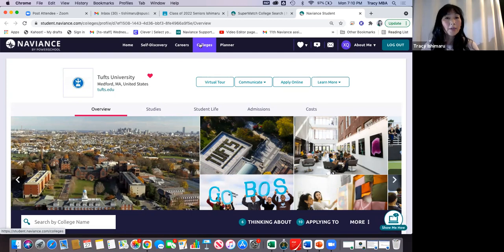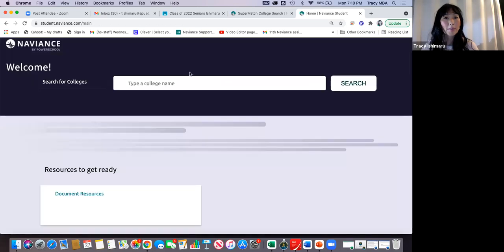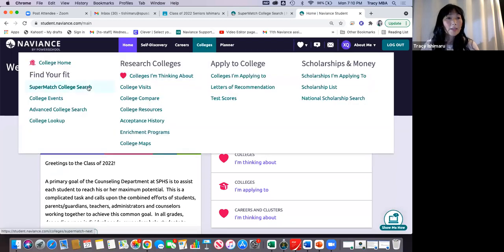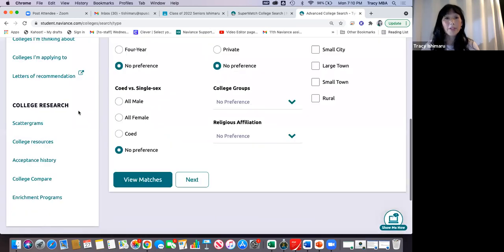Another way a student can go is to look at an advanced college search. What that would mean is if they knew the name of the college they wanted to look up, they can put that in.